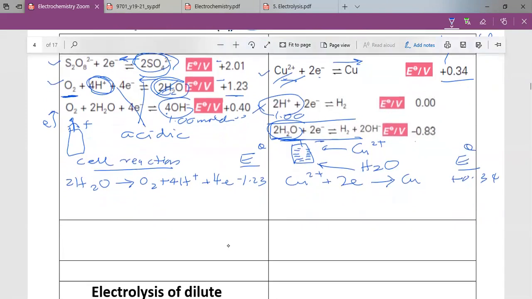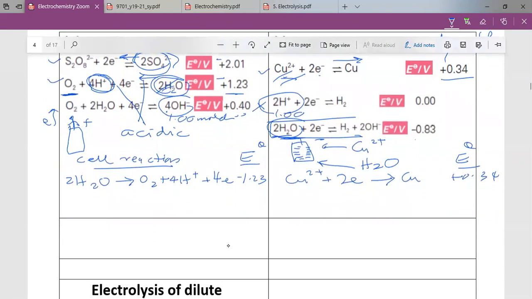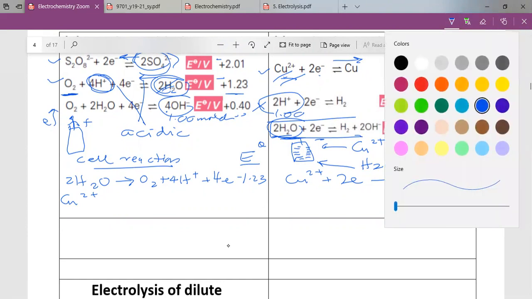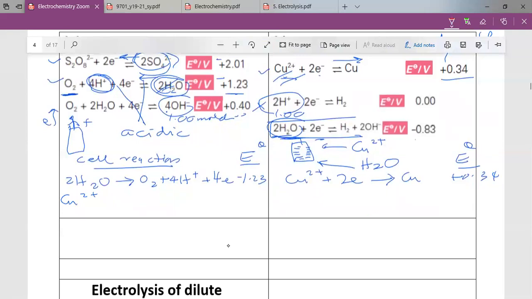Now, of course, you can put the two together. I'm going to write it down here for easy sake. Cu2+, so I times by 2, I put red color, to prepare everything so it's easier and faster. So times 2, here's 4, and here's 2. I'll leave this alone. So it's 2Cu2+ plus 4 electrons to give me copper, which is plus 0.34.